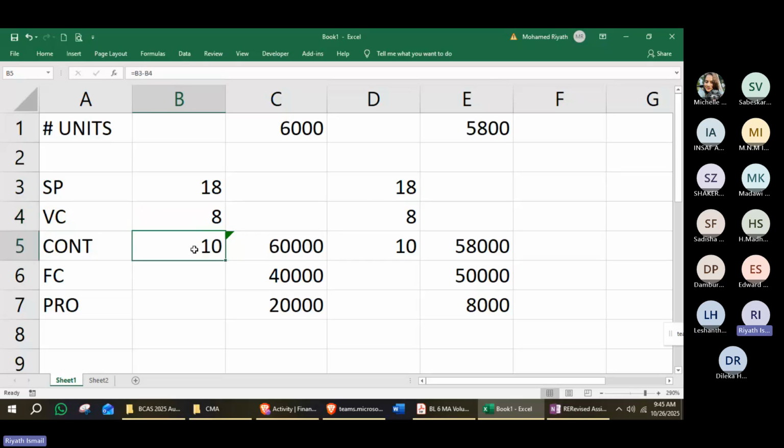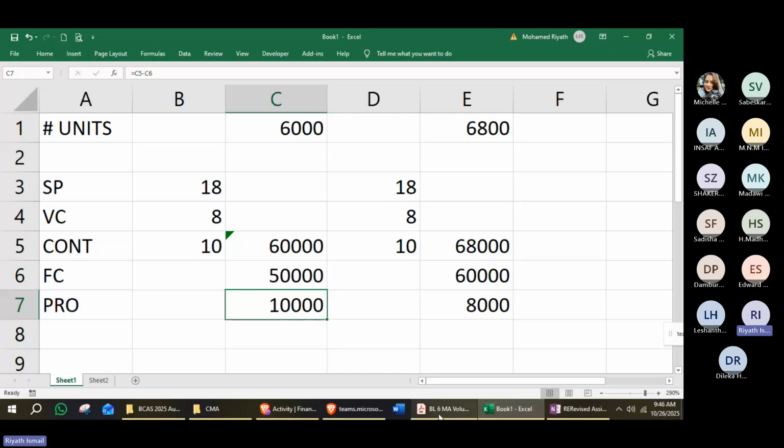Then the new contribution is 10, and then total contribution is 60. And here we have to increase fixed cost by 50 million. And how much can they make? 10 million profit. If the current sales continue, they can make 10 million profit.